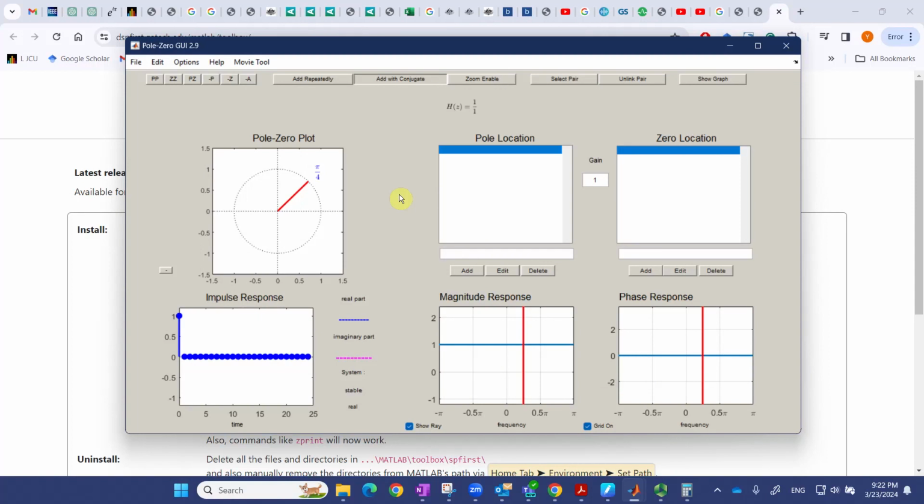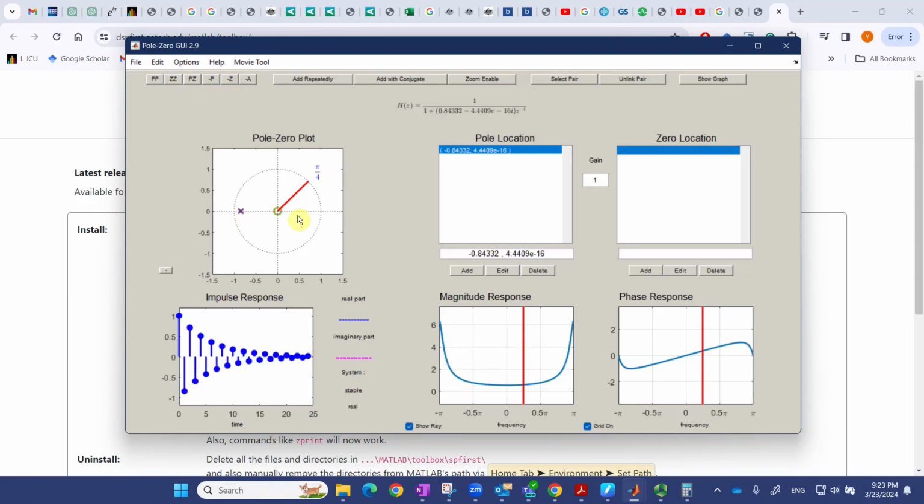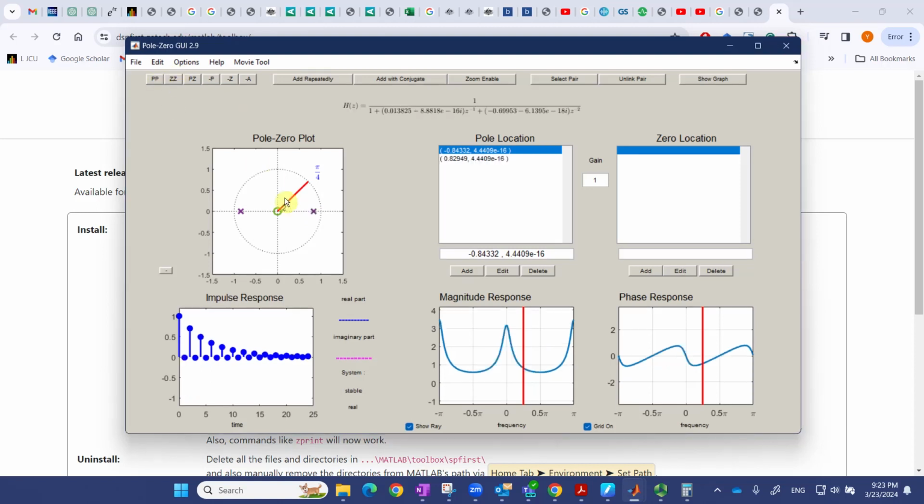So here is something we had. Let's place the poles. The poles were at 0.96, at both sides, and we'll put 1 here and 1 here. Okay, we got 2 poles.